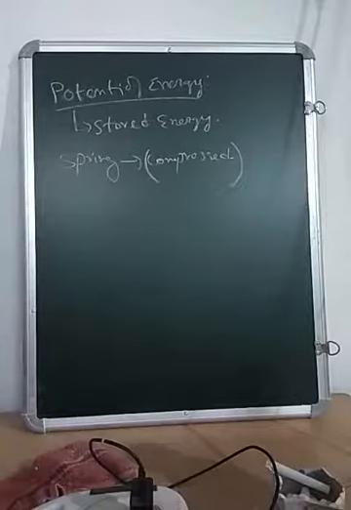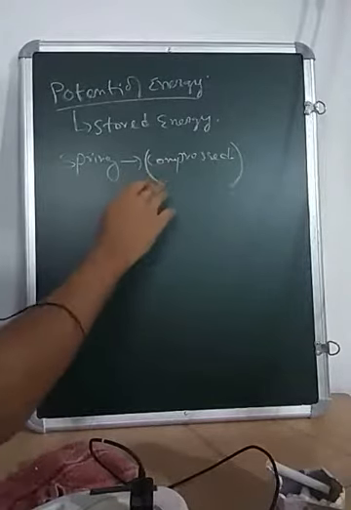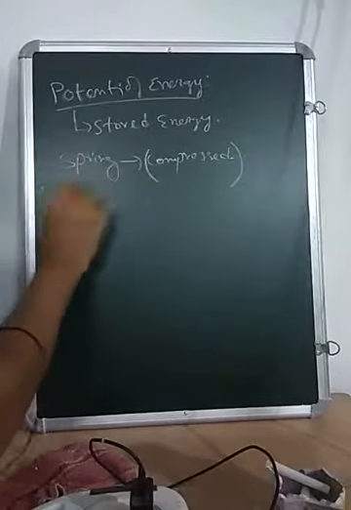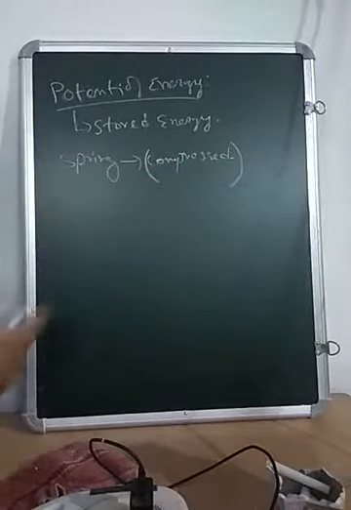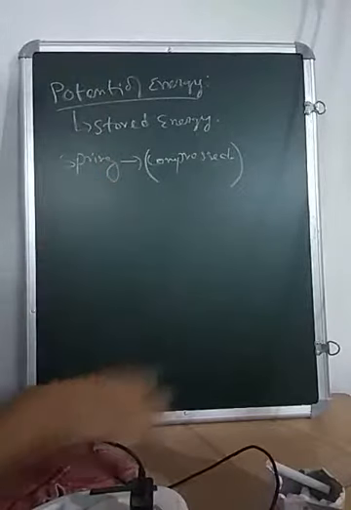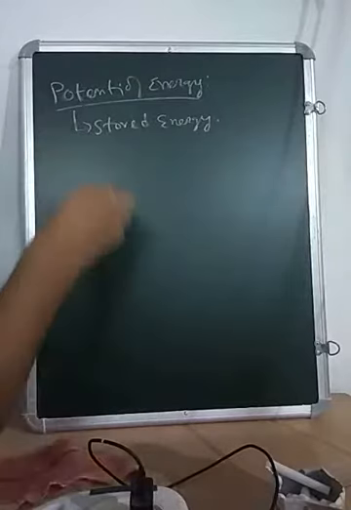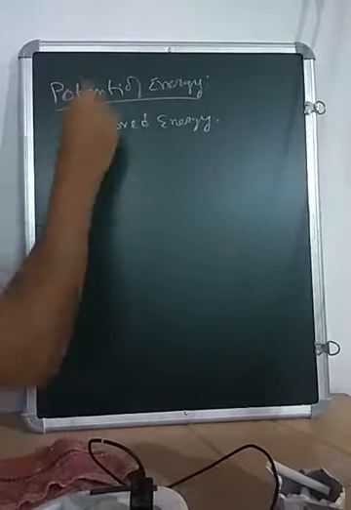When you apply force, or when you do work during compression of the spring, what happens? Work done by us gets stored in the compressed spring. So this stored energy is nothing but the potential energy.